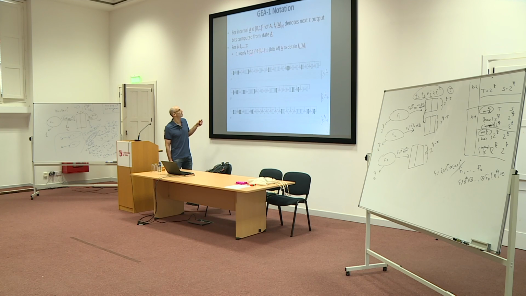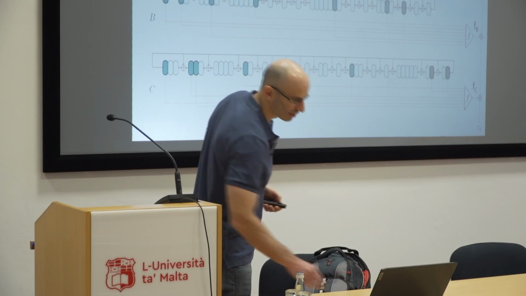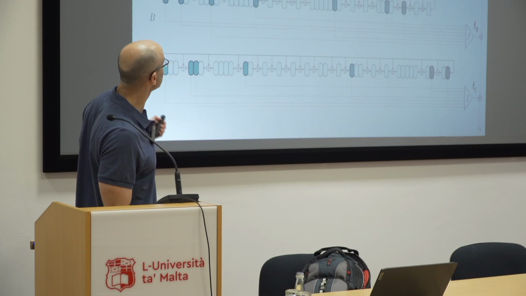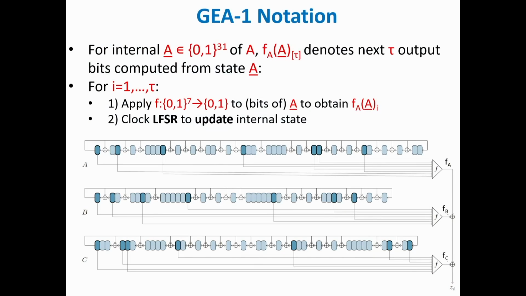You apply this function and you get a bit, and this is how you get the ith output bit, just by applying some function to 7 bits of this internal state. After you produce the ith bit, you update the state. How do you update the state? Basically, it's just an LFSR.